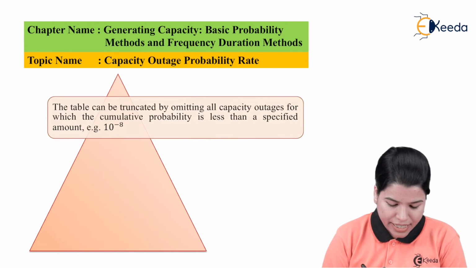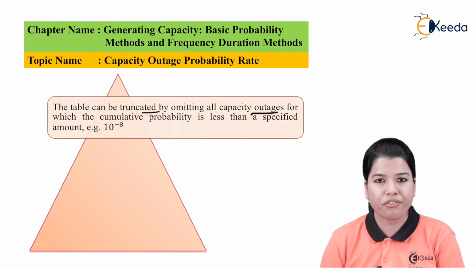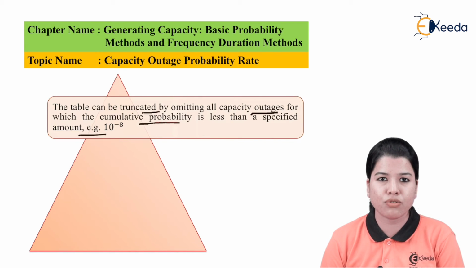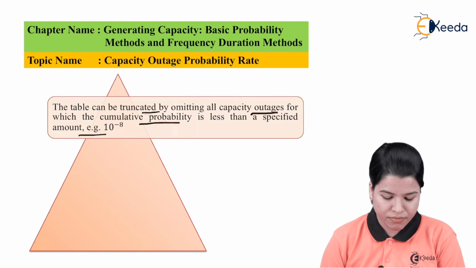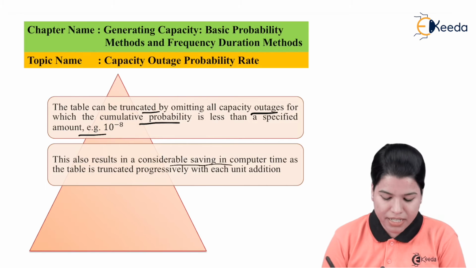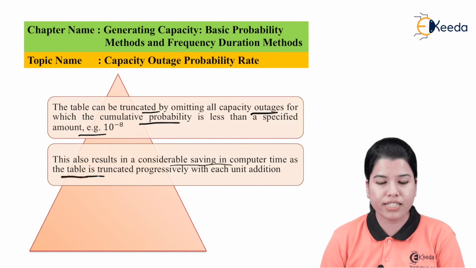Now this table can be truncated by omitting all capacity outages for which the cumulative probability is less than the specified amount. Let us consider it as 10 raised to minus 8. This also results in a considerable saving in the computer time, as this table is truncated progressively with each unit addition.